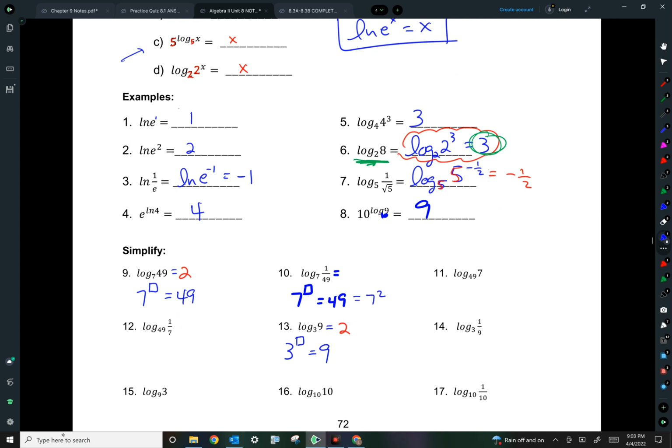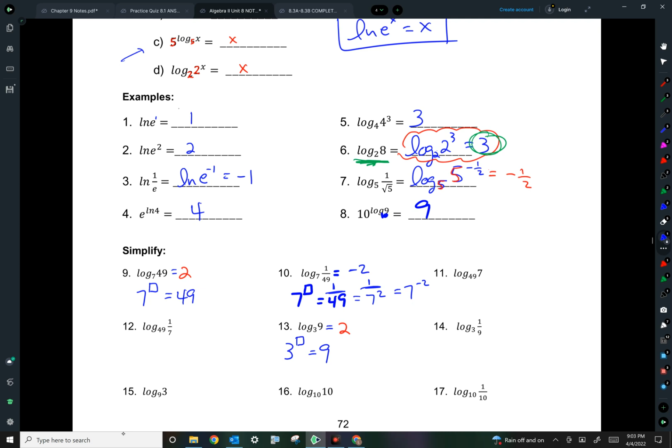Oh, I'm sorry, I wrote that wrong. It's 1 over 49, right? So really you have 1 over 7 squared. Oh, but we don't want it in the denominator. So isn't that the same as 7 to the negative 2? So the log base 7 of 1 over 49 is negative 2. Why? Because the log always equals the exponent.